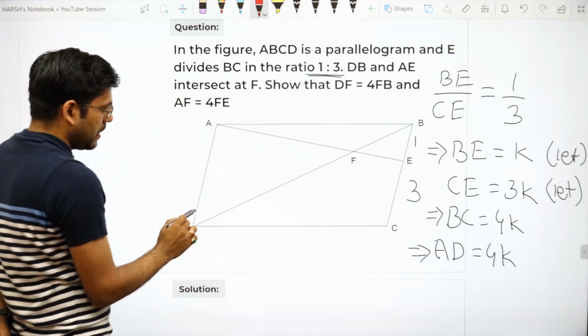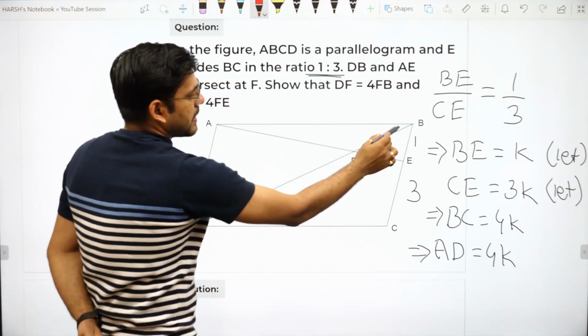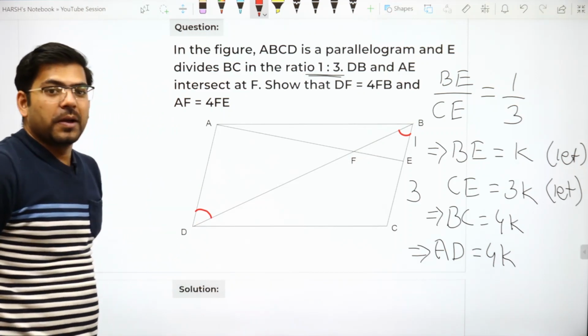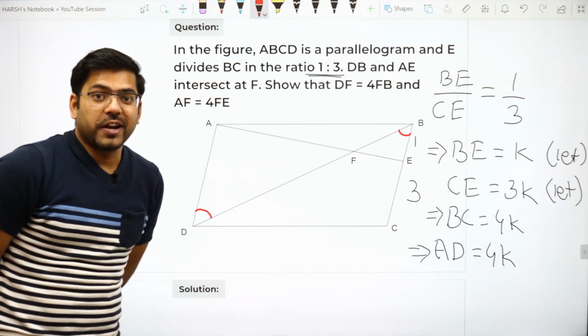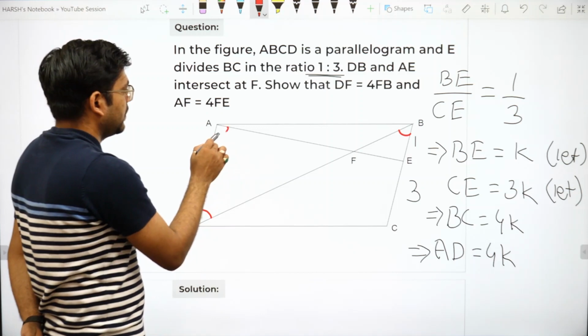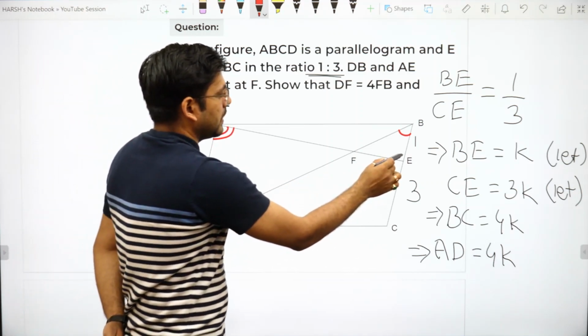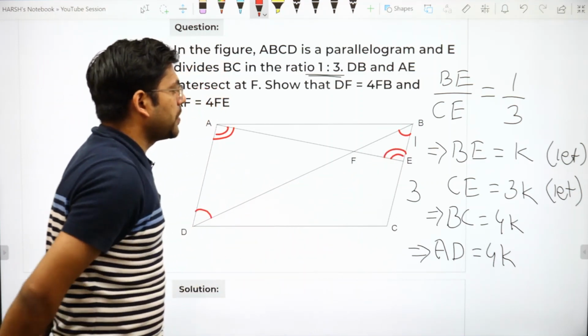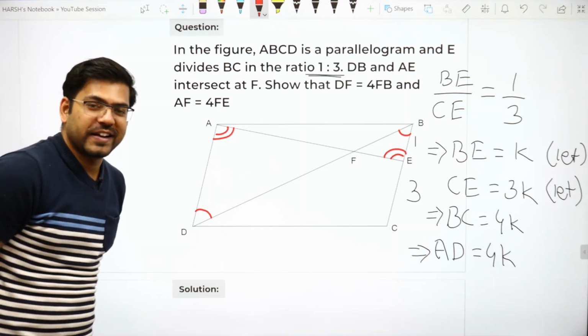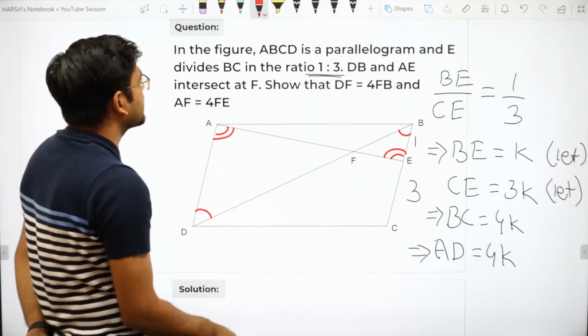See here. This angle and this angle are equal. Why? Because they are alternate interior angles, and similarly this angle and this angle will also be equal. Why? Again, alternate interior angles. So both the triangles are similar.